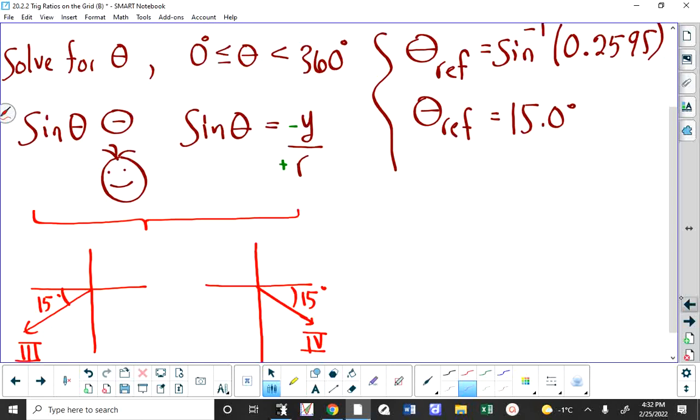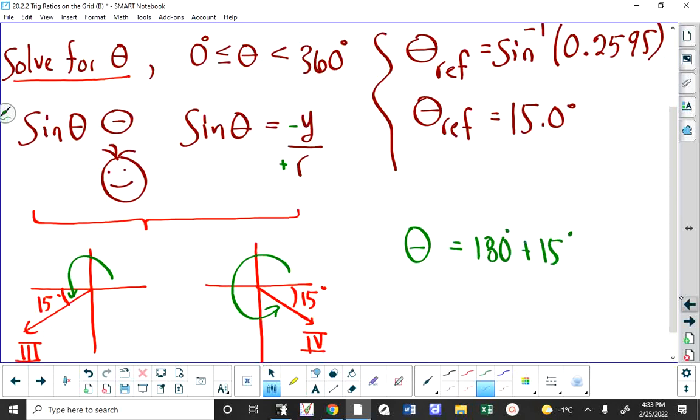Now, don't forget the question said solve for theta. Theta is not a reference angle. Theta is a rotation angle. So we're trying to find theta. Theta for the first diagram would be indicated by this green arc, and for the second diagram would be indicated by that green arc. And from the previous couple of lessons, you should know that on the diagram on the left, we can find theta by taking 180 degrees plus 15 degrees and getting 195 degrees.